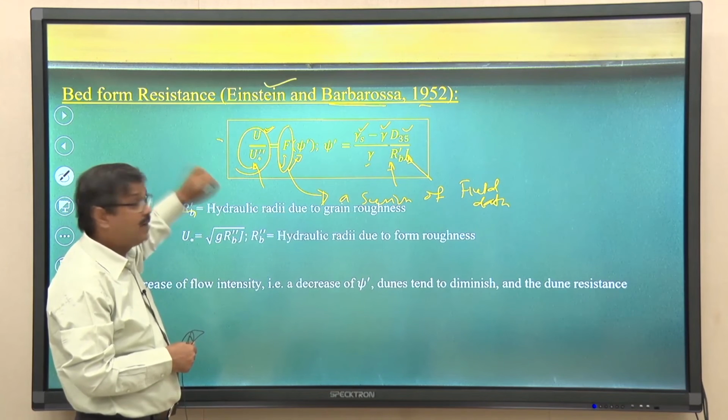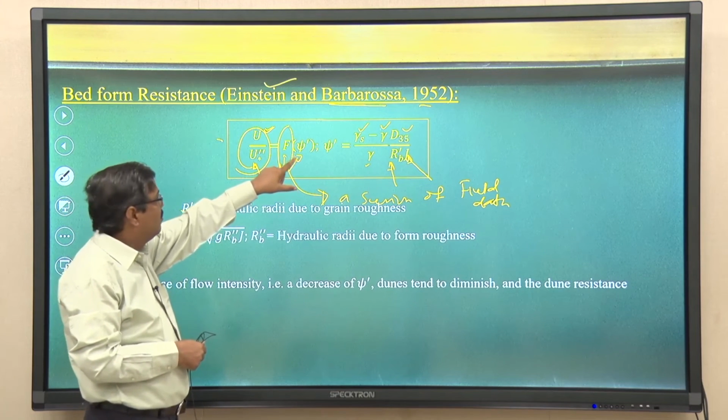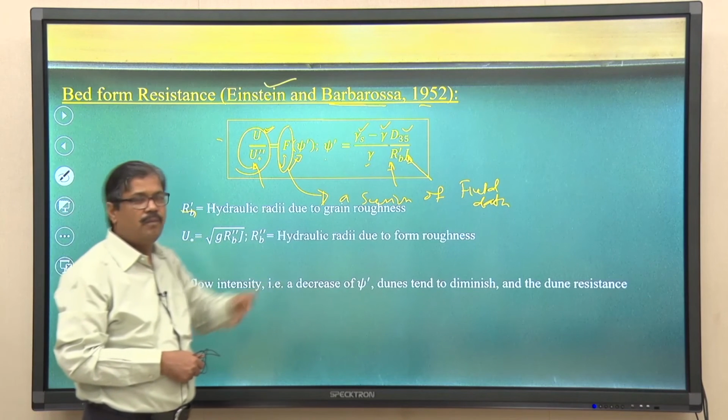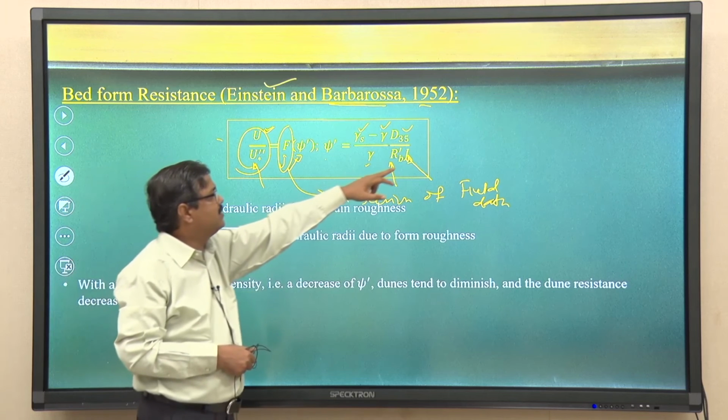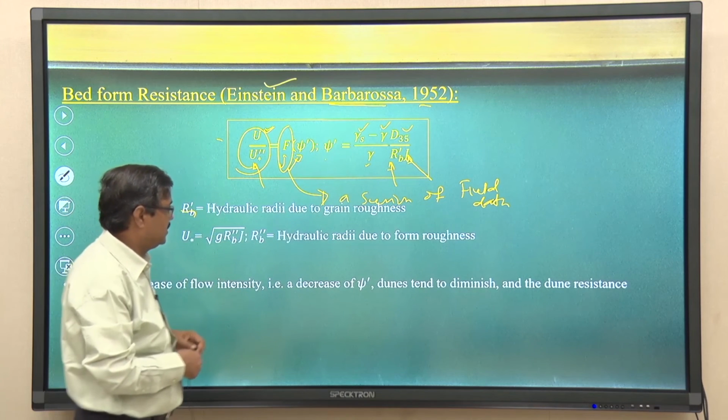This ratio is a function of a parameter defined as the sediment Einstein parameter, which is a function of the D35, the hydraulic radius for the grain resistance, and the energy slope. That is the relationship.